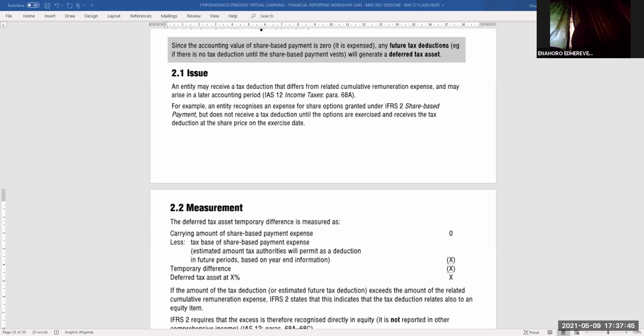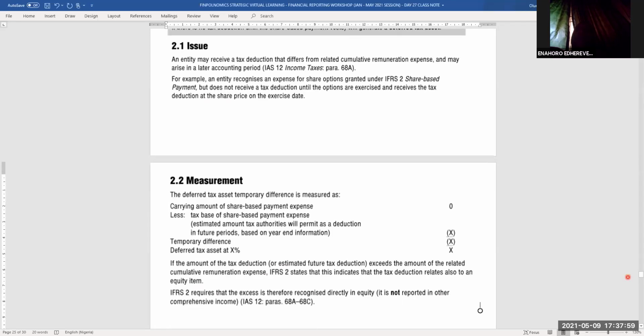If the amount of the tax deduction or estimated future tax deduction exceeds the amount of the related cumulative remuneration expense, IFRS 2 states that this indicates that the tax deduction relates also to an equity item. IFRS 2 requires that the excess is therefore recognized directly in equity. It is not reported in other comprehensive income, IAS 12 paragraph 68A to 68C.